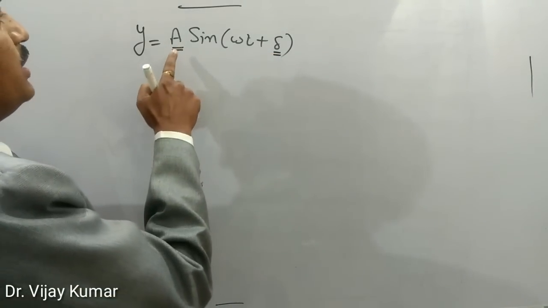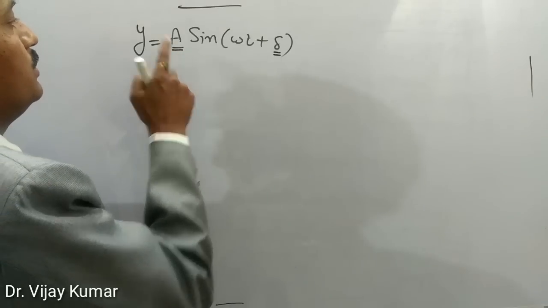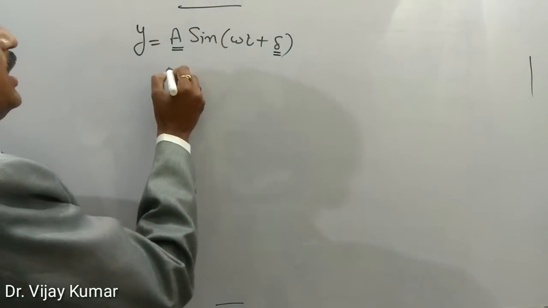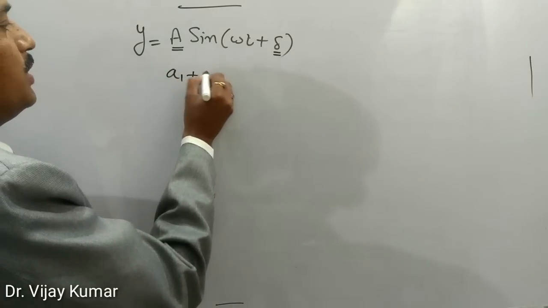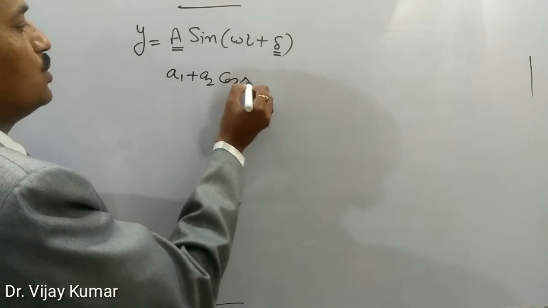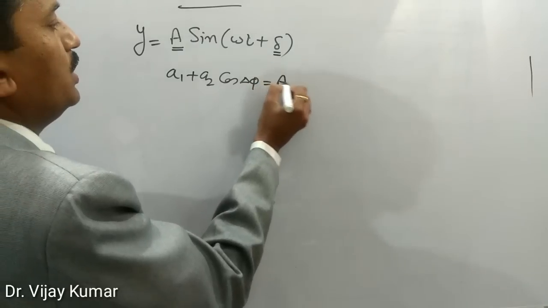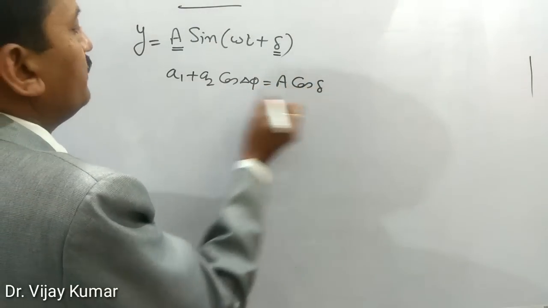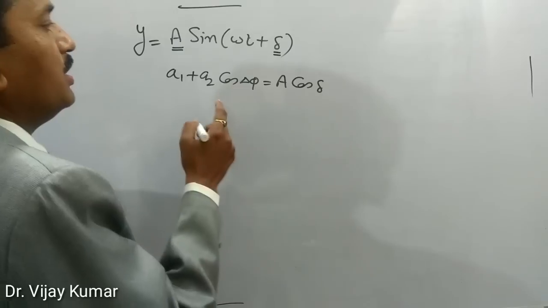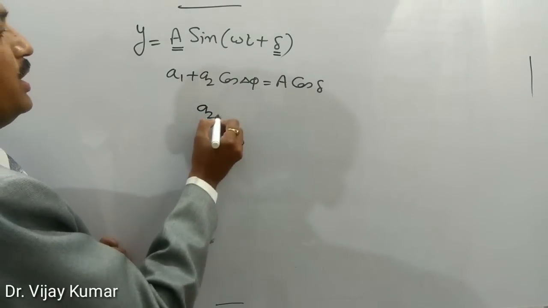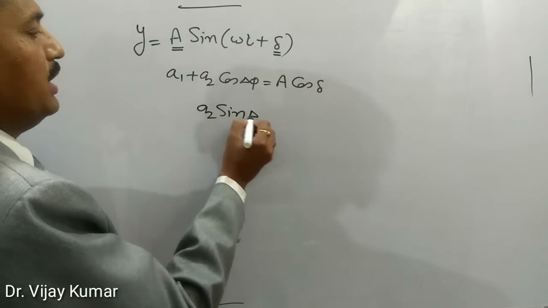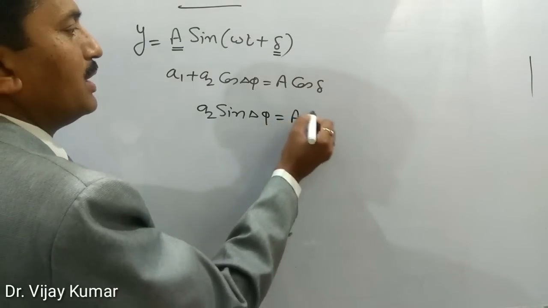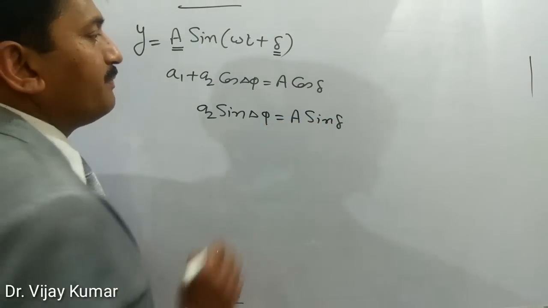Now we want to determine the value of the resultant amplitude, and we know that (a1 + a2 cos Δφ) equals A cos δ. We have considered it in the previous video, and a2 sin Δφ equals A sin δ.